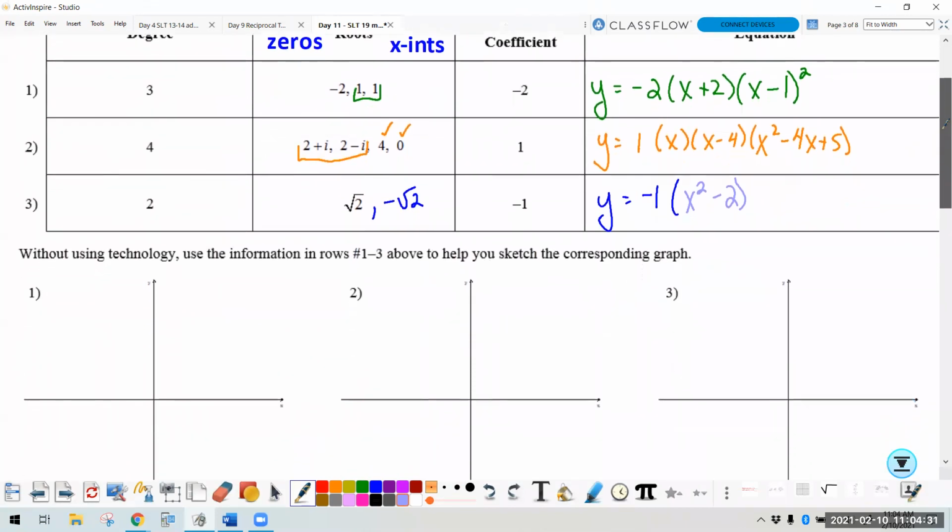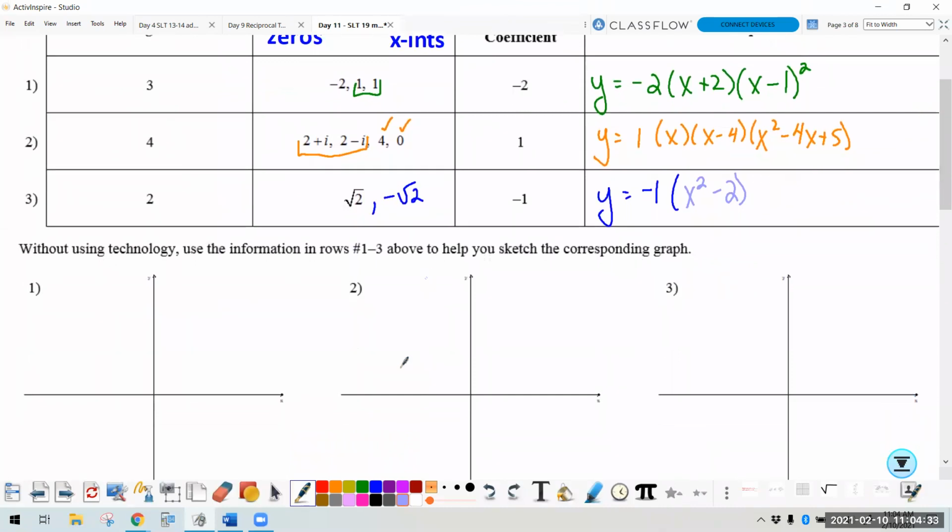Okay, let's use the factored form and the multiplicities to graph our equations. We've got an odd degree with a negative leading coefficient. So we got the end behaviors like this. We've got roots at -2 and 1.